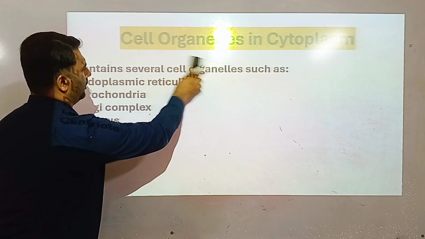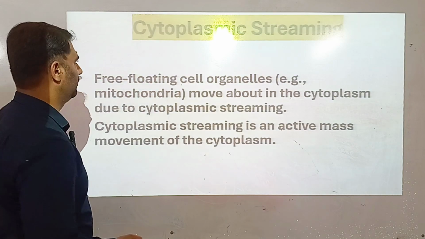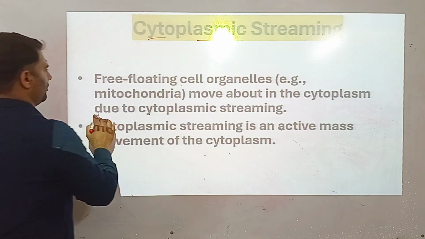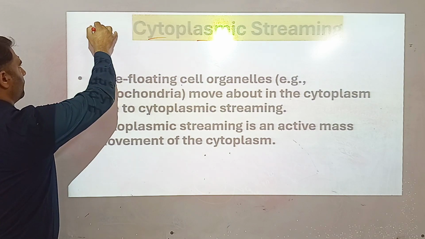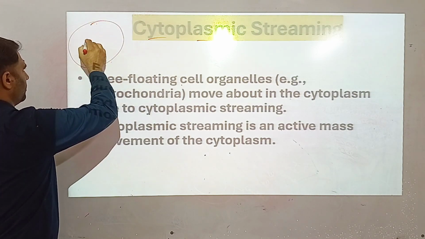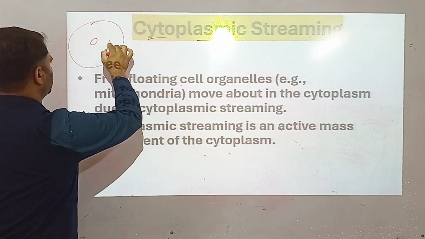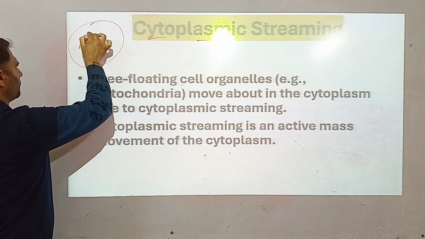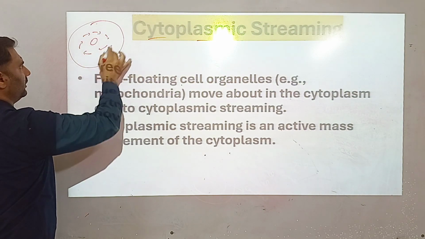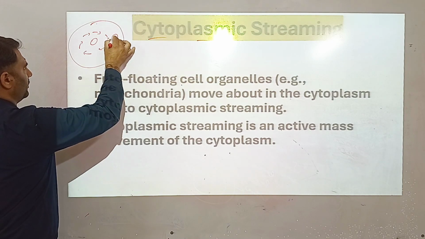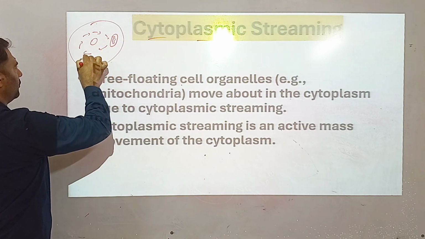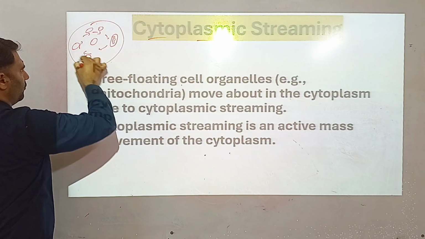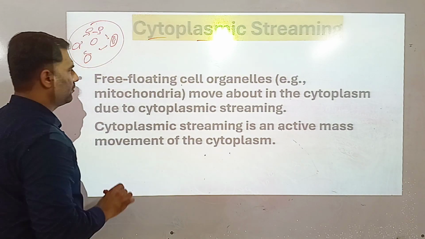In the cytoplasm, there is an activity known as cytoplasmic streaming. Free floating organelles, for example mitochondria: this is a cell and this is the cytoplasm, and there is a movement of organelles that takes place in this cytoplasm. For example, the mitochondria moves here, then there, and there. This type of movement is known as cytoplasmic movement.